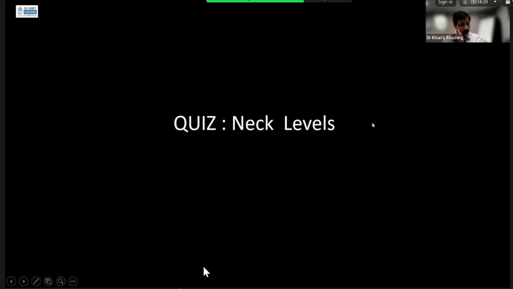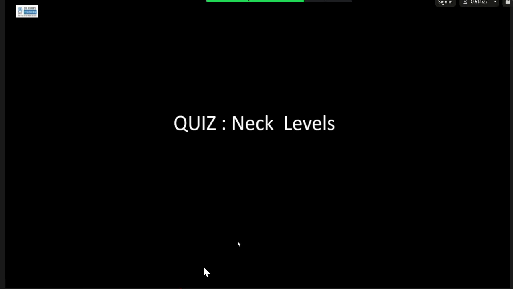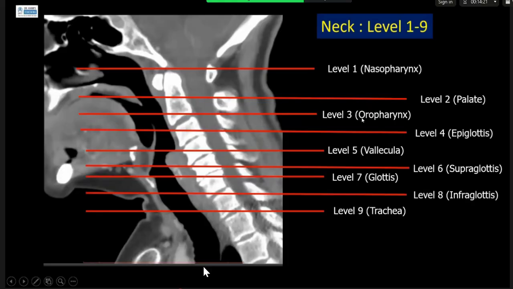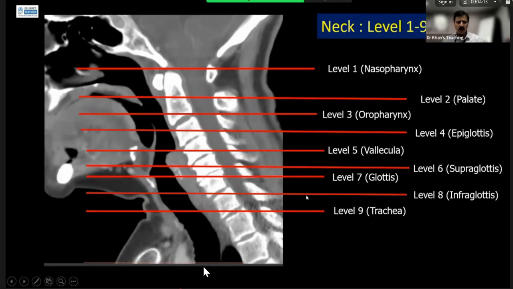Candidate 4, can you see quiz neck levels? Sorry, candidate 3. Yes, sir, I can see. Okay, so now this is open for the chat. This is a revision of whatever we have done today. And after this revision, tomorrow you can go to your departments and go through it once again.